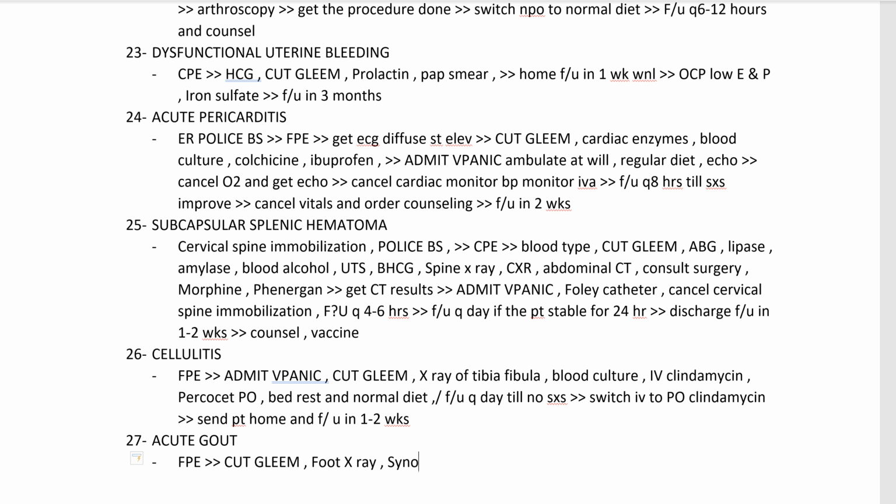You want to order synovial fluid: cell count, synovial glucose, crystal, culture sensitivity, viscosity. And then you want to give him indomethacin if he doesn't have a renal failure. And then you send him home, counsel, and home. After that, you want to follow up in 1 to 2 weeks.